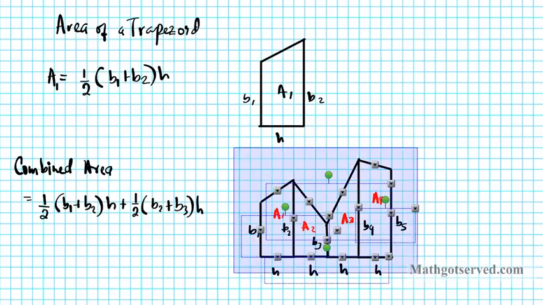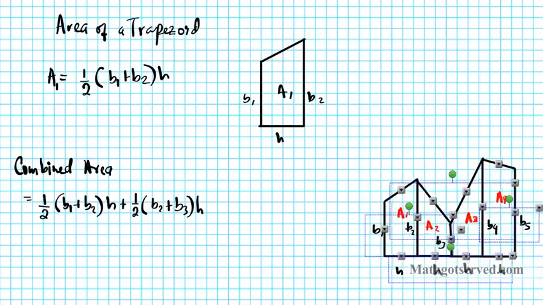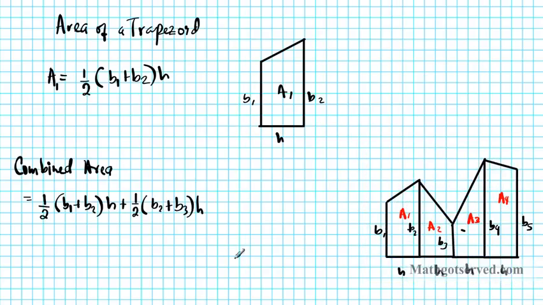All right. And then move this over to the side. Now we're going to shift to A3. The third area is bounded by b3 and b4. So it's going to be plus 1/2 b3 plus b4 times h. And then A4 is going to be 1/2 of b4 plus b5 times h. Okay?